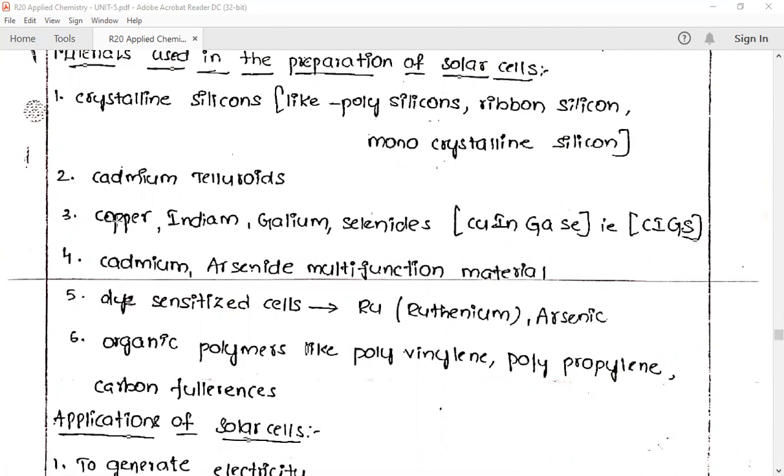The third material is copper, indium, gallium, selenide. It is a direct band gap material with the highest efficiency, up to 20% among the thin film materials.